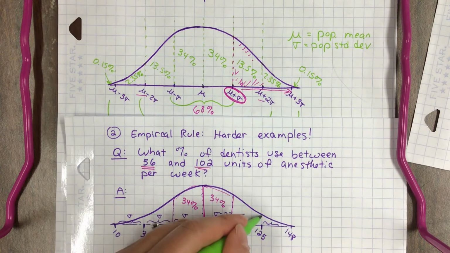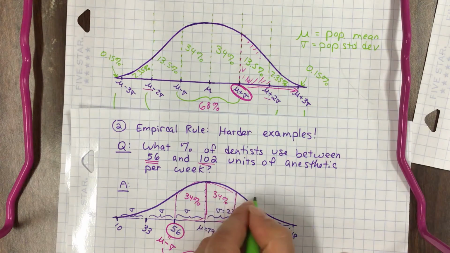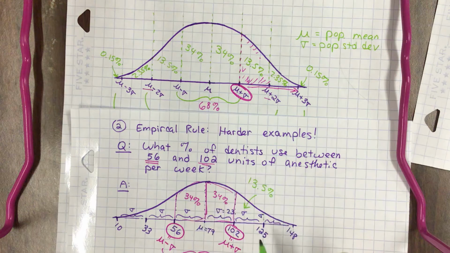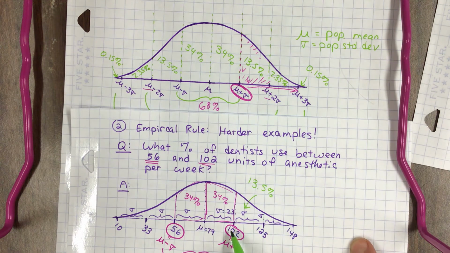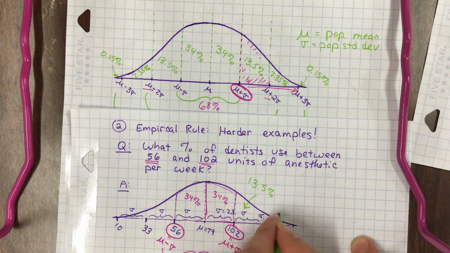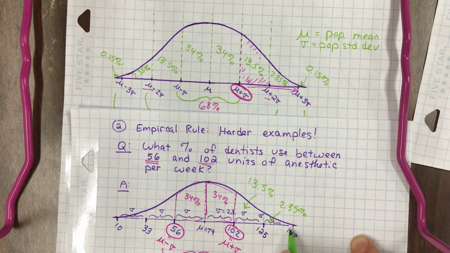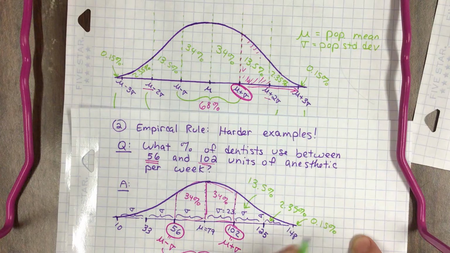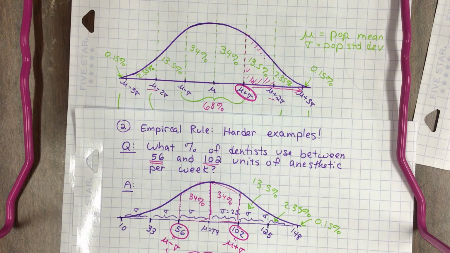I can go ahead and start labeling areas on my graph. I see that I get 13.5% of dentists using between 102 and 125 units, 2.35% using between 125 and 148, and a tiny number above, just 0.15% going above 148.